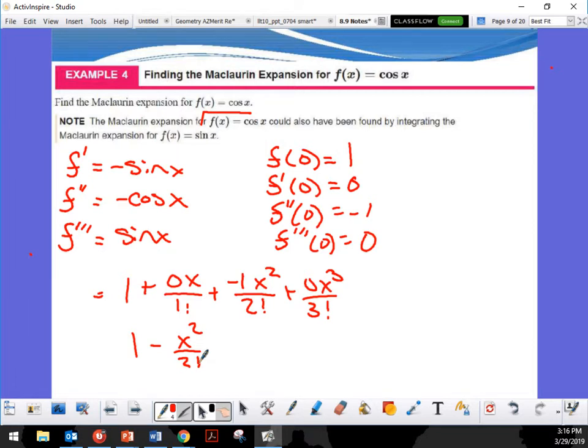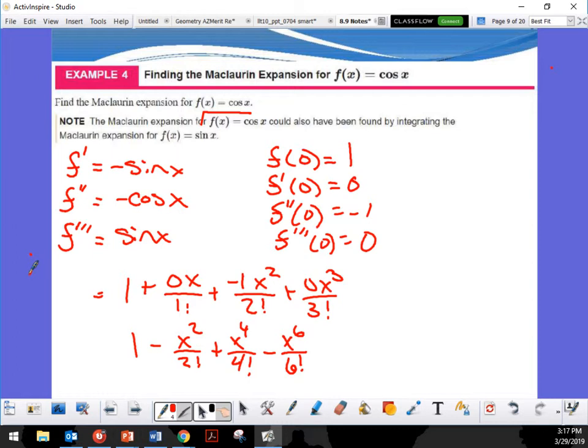And then it's going to be x to the 4 over 4 factorial. Okay, so what's going to be the one after that? Minus x to the 6th over 6 factorial. Okay, I think that's enough terms, right? So is this alternating?